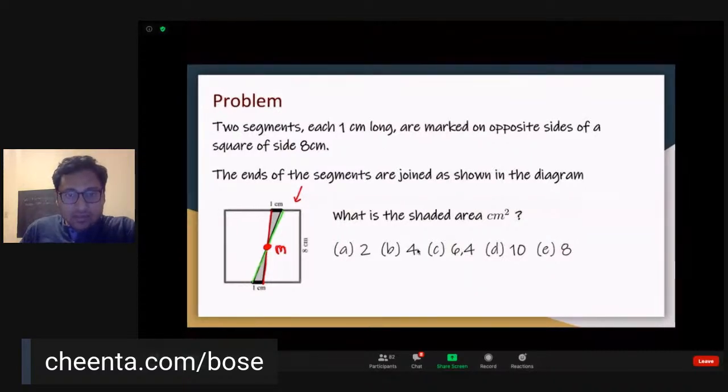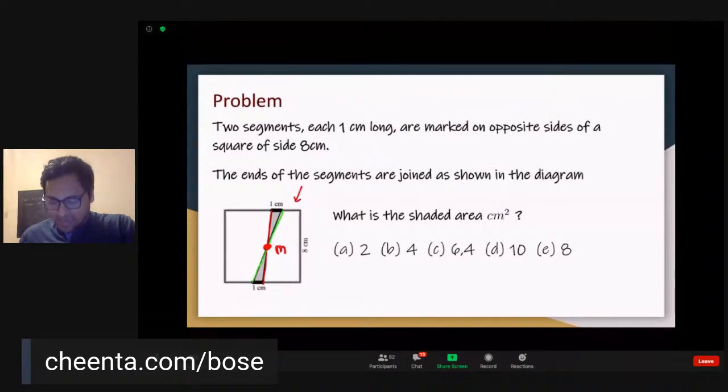So some people are suggesting that this point M is at the center of this square. We have to see. Maybe it is at the center of the square, maybe it is not. How would you really go about that? Is it even important to be at the center of the square? We don't know. We will figure it out in a moment.